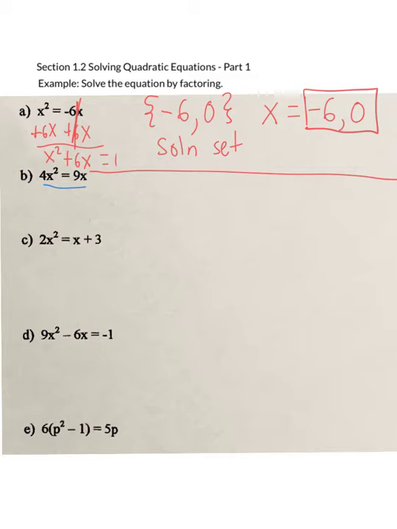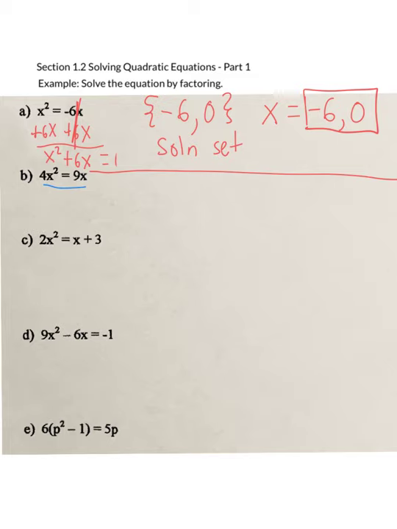You don't want to do that. It's okay to divide a number to the other side of an equation, but we really don't want to divide by a letter, because we can lose an answer if we divide an equation by a letter on both sides. So I resist the urge to divide by x.